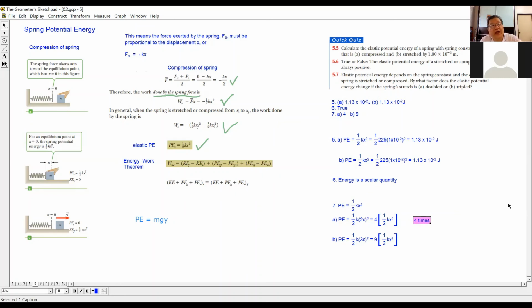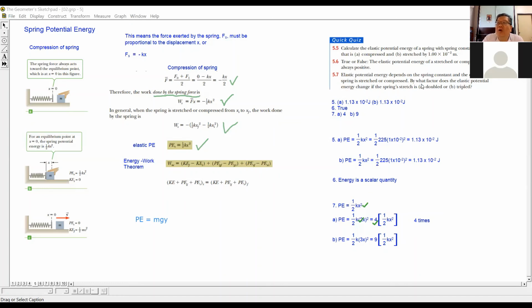So it will be 4 times the original amount of energy used. Earlier it is half kx squared. Now because of the 2 squared here, it becomes 4 multiplied by half kx squared. So the energy is 4 times.